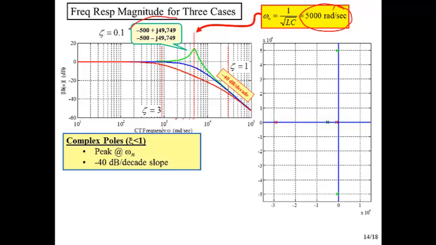So we're looking at this case. There's our poles. Our poles are at minus 500 plus or minus j 4979. Okay, so that's where the poles are. So they're out here. Those are the poles that we're talking about, and we get this green curve.